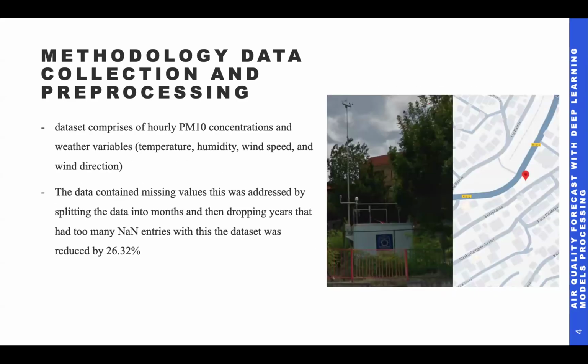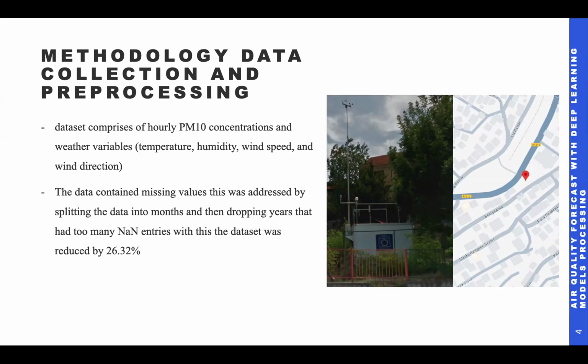As for the collection of data, our dataset comes from one monitoring station southwest of Veles, which is located in North Macedonia, right next to a busy regional road. The data consists of hourly PM10 values, plus we added 4 weather variables, which were temperature, humidity, wind speed, and wind direction. We took the raw PM10 data, and it initially had a lot of missing values.